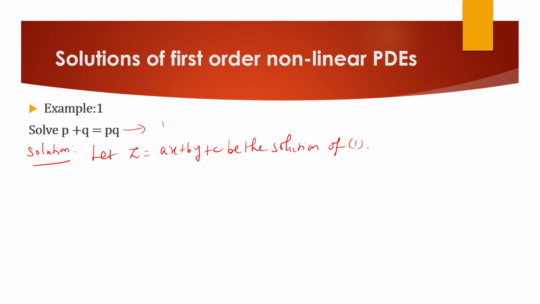Let us name this as 1. Now we have to replace p as a and q as b in 1, which gives a plus b is equal to ab.